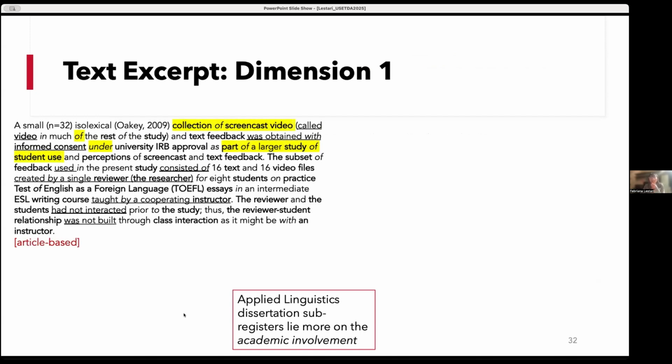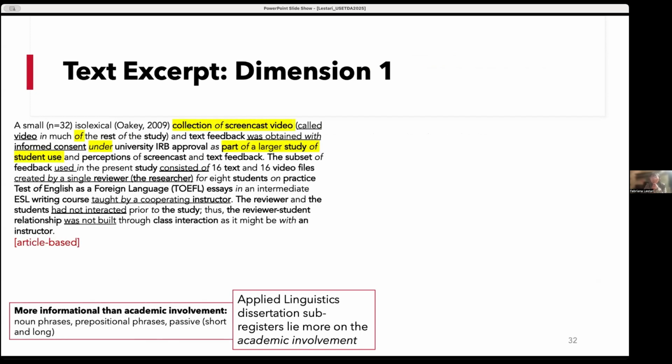And here is an excerpt of the article-based dissertation. We see noun phrases like collection of screencast video, part of a larger study of student use, and prepositional phrases like of screencast video, of a larger study of student use.